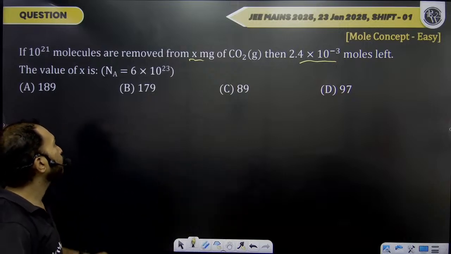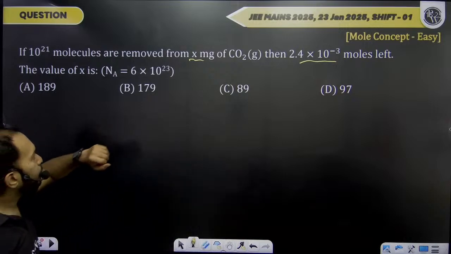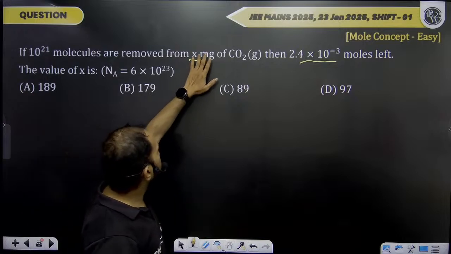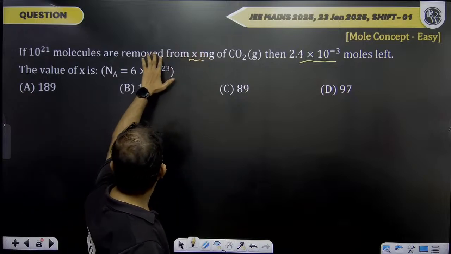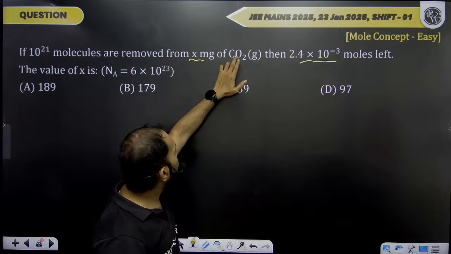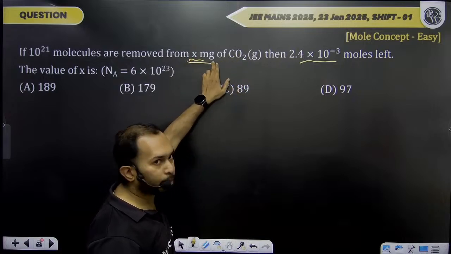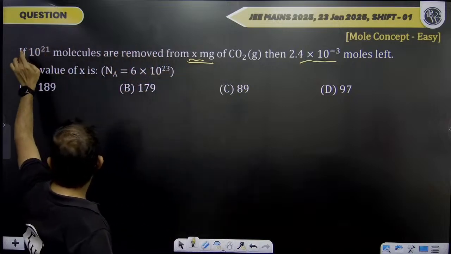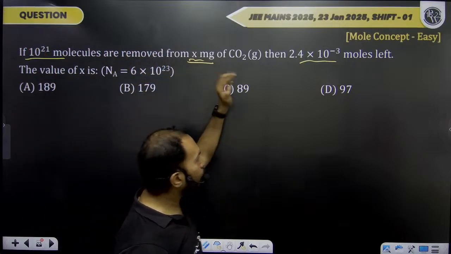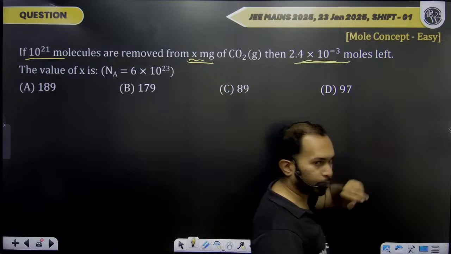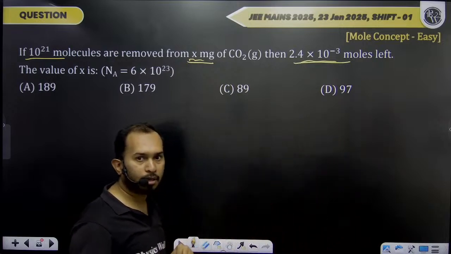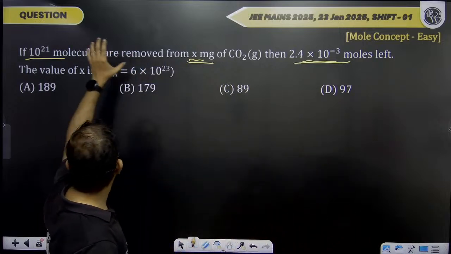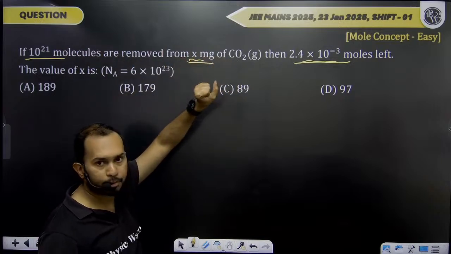It doesn't matter, right? So what is done is that over here the initial content of CO2 which is given in the question is given in mass, milligram. Then number of molecules are removed. Then whatever is left is given in the number of moles. So three terms are used over here: mass, number of molecules, and number of moles, right?